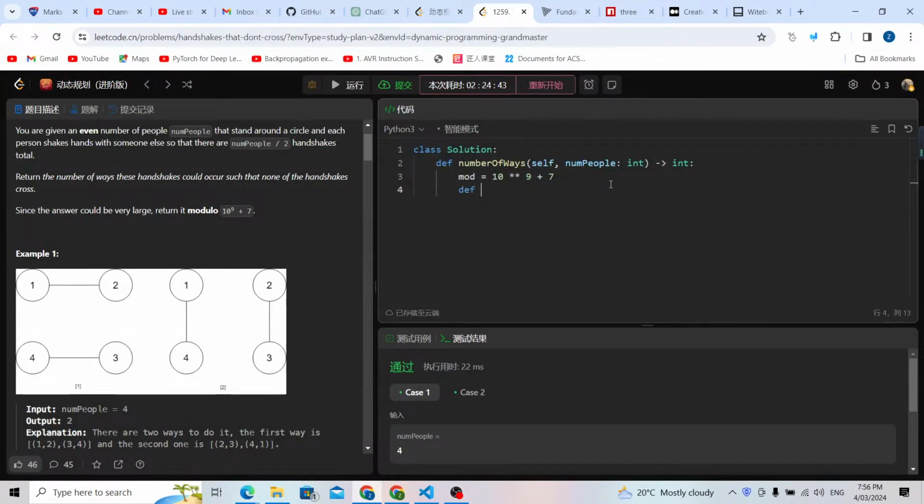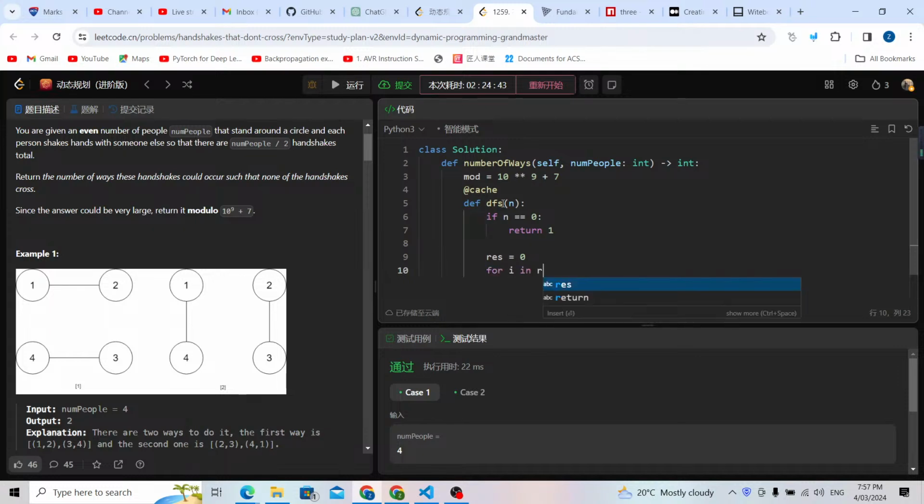I'm going to use DFS, and for the DFS I'm going to use memoization. I'm going to use a cache, and inside it the parameter is n, the number of people. If n equals 0, it is the edge case, so I return 1. Then I have a result equal to 0, and for i in range, I have to choose an even number of people as my split.